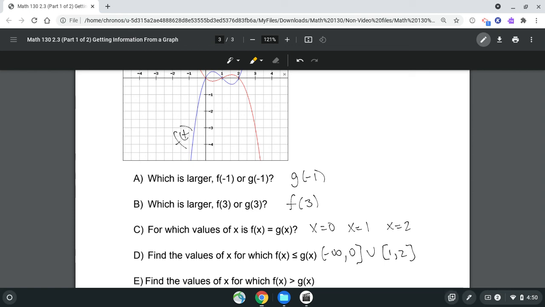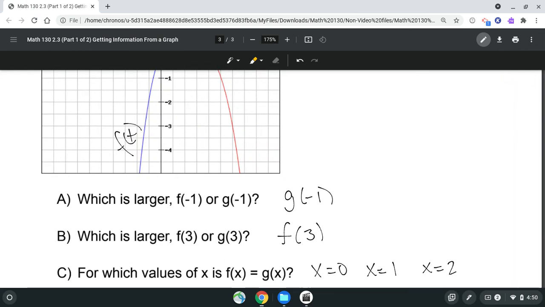Okay, and find the values of x for which f of x, the blue function, is strictly greater than g of x, the red function. So where is the blue function higher than the red?